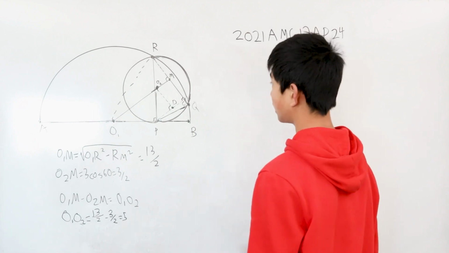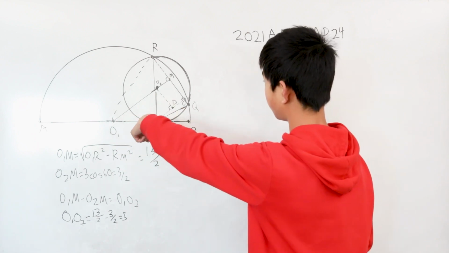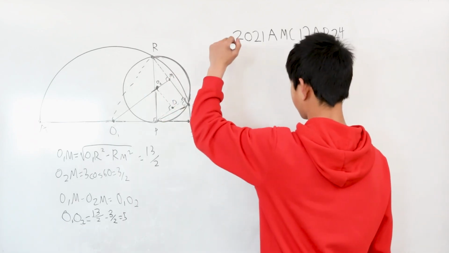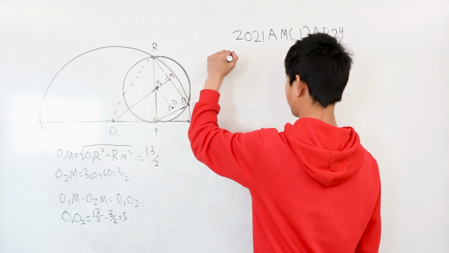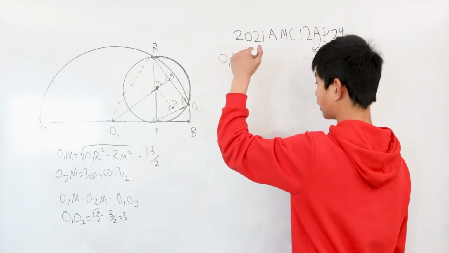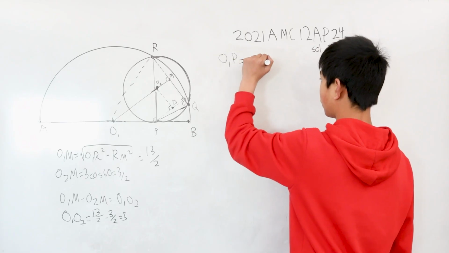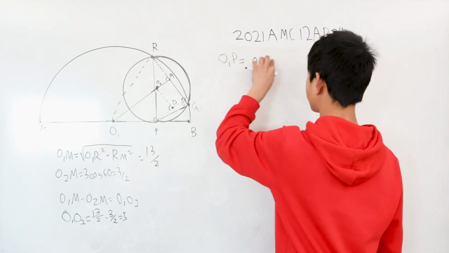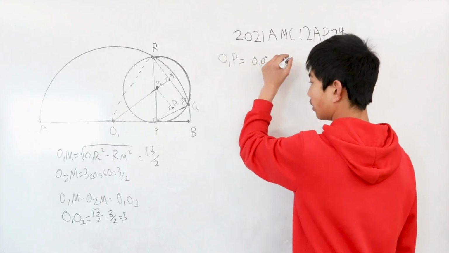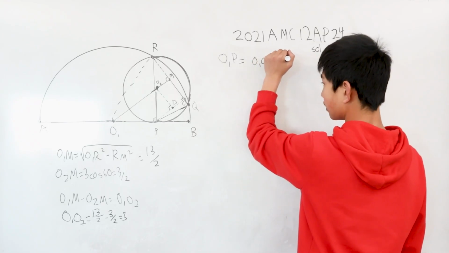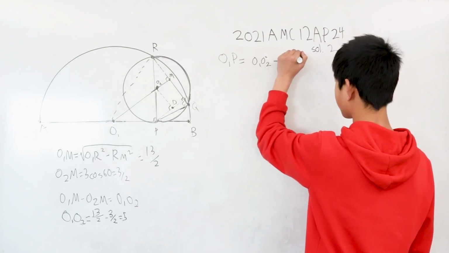We realize that this triangle O1, P, and O2 is a right triangle. So we can solve for the length O1P. This is the square root of O1O2 squared minus O2P squared.